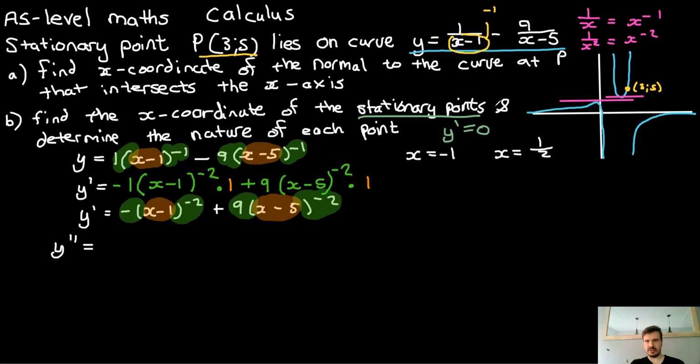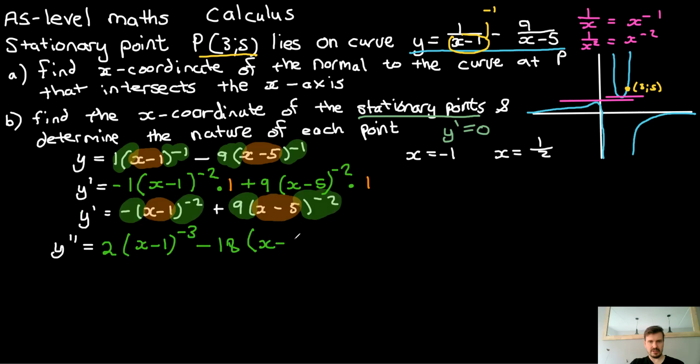Sorry, we're doing color coding this. 2. Leave the inside alone, we'll do that later: minus 2 minus 1. So we take 1 off the exponent, becomes minus 3. Next bit here, minus 2 times 9 gives us minus 18.